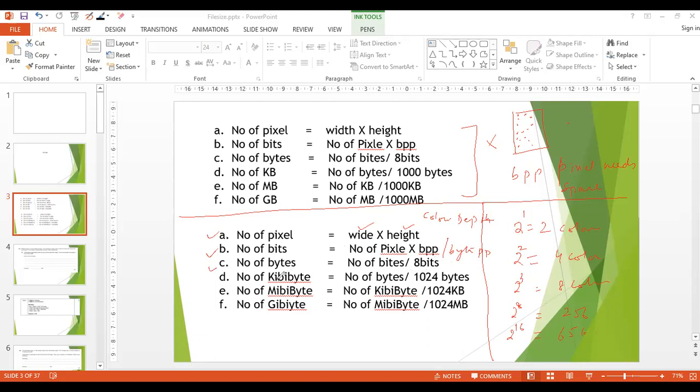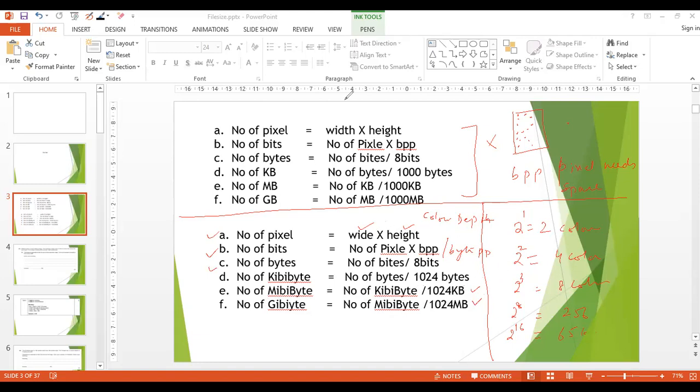So you will get the answer by working through this question.